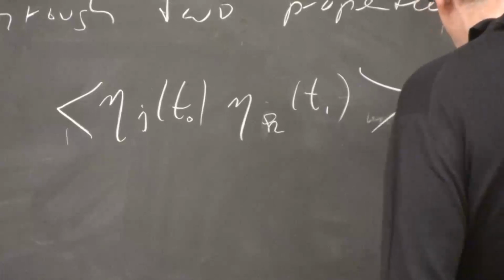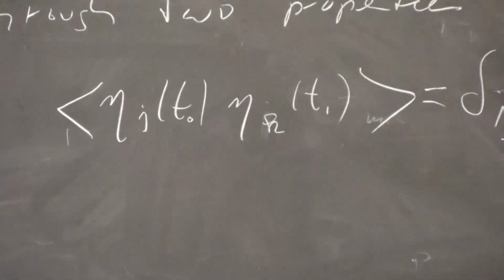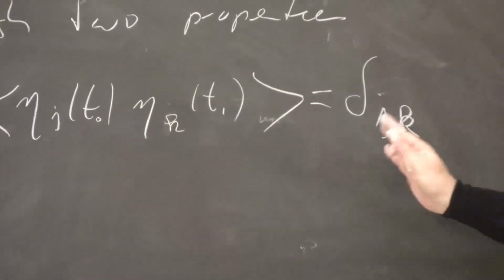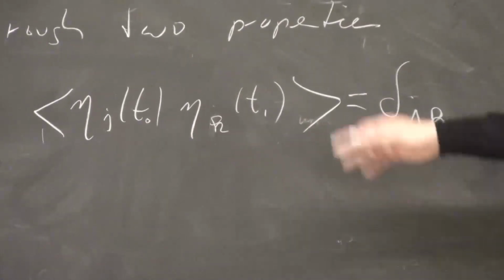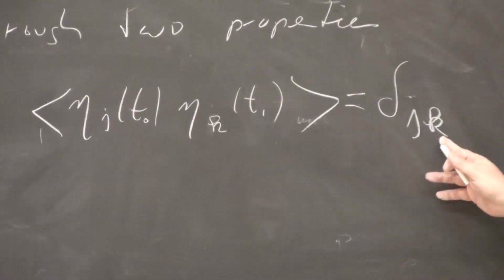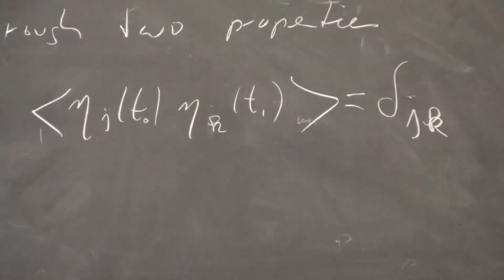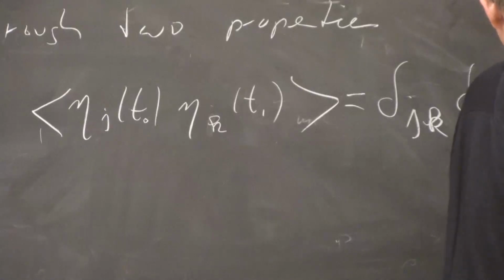And then you find that this is equal to delta JK, so the noise is independent from one channel to the next one. There's no correlation between the noises: when J and K are not the same, the noise correlation is 0.